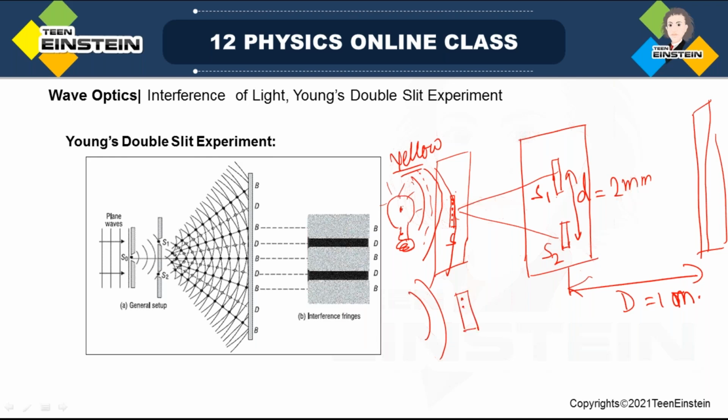This means opening or hole. Here the hole is rectangle inside. So each point on that will act as a secondary source. They will produce spherical fronts like this. Each of them will produce, and those will actually go and illuminate this slit S1, this slit S2 as well.